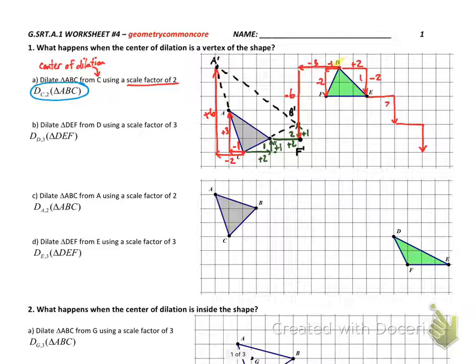And I'll just kind of number those. So I can do that 3 times because it's a scale factor of 3, and then I found my point. So identify for yourself which way makes more sense, and just make it work from there. This is going to be E prime, so I'll just connect all my points together.